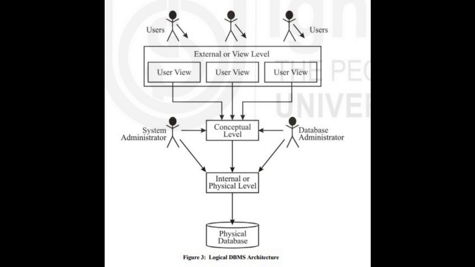A standard language called Data Definition Language, DDL, is often used in DBMSs to define the conceptual level or schema of a database system. The conceptual schema can be defined by the database administrator or the system administrator, as shown in Figure 3. The internal or physical level. A database system consists of many files, which include the data files, the metadata files, the access structure files, etc. The data files contain the actual data.